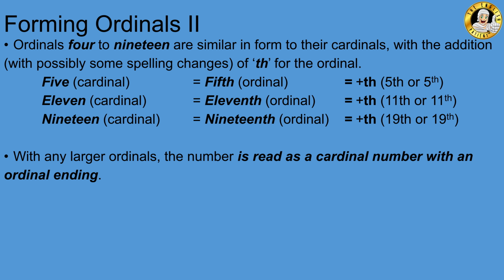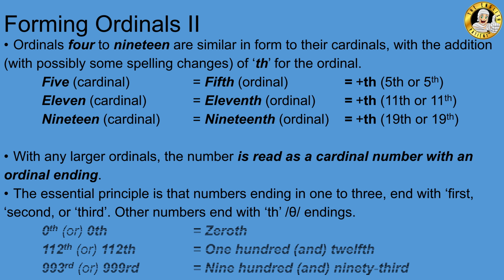Now, with any larger ordinals, the number is read as a cardinal number with an ordinal ending. So the essential principle is that numbers ending in 1, 2, or 3 will end with first, second, or third, and other numbers end with TH endings.